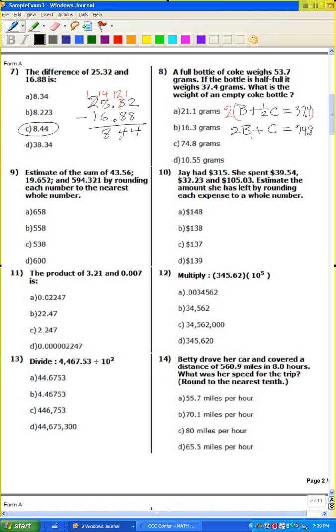I know that a full bottle of Coke is 53.7 grams. So let's subtract that. If I subtract that, well, I get 21.1, and that's just the weight of an empty bottle. And so the weight of an empty bottle is 21.1 grams.